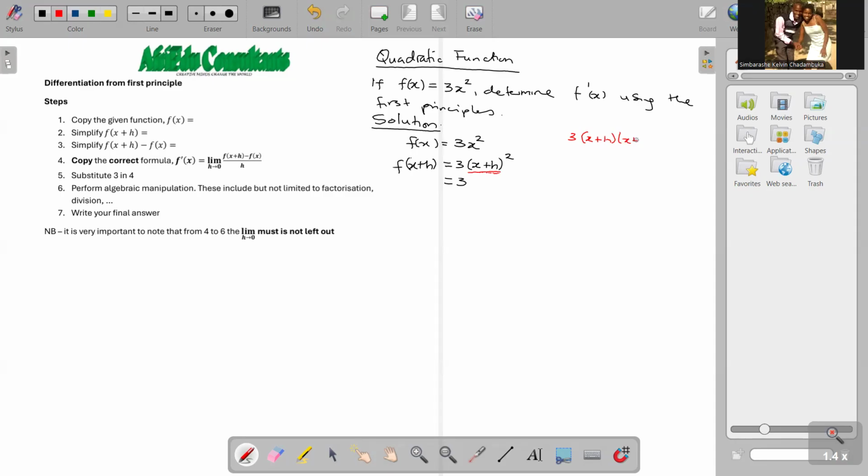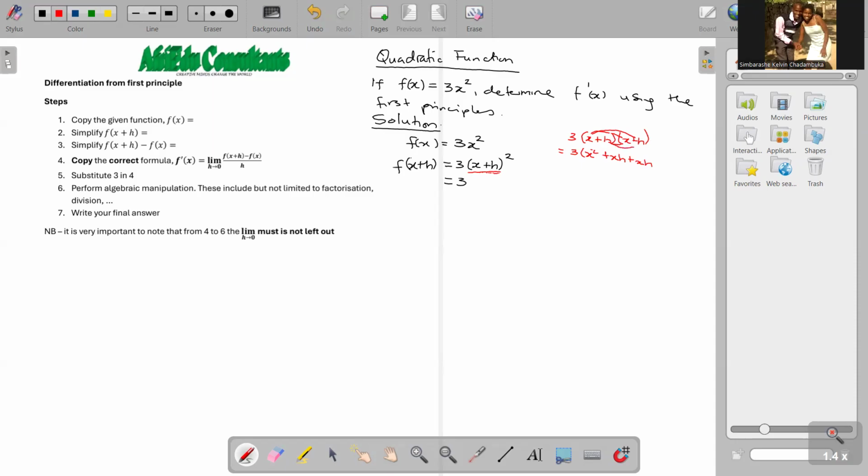(x + h)(x + h). So we are going to have 3 open bracket, this times the x, we are going to get x squared. This times the h, we are going to get plus xh. Every first term is multiplied by everything in the second bracket. Then we move here. This hx is the same as xh, so we put plus xh.